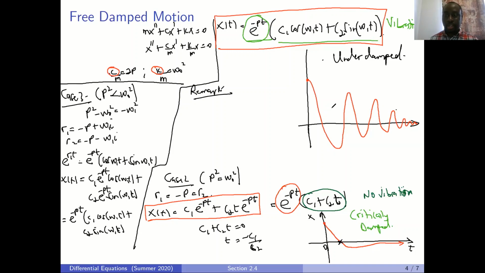Okay, so unlike the undamped situation where we had it oscillating as a cosine function which was periodic, here because of the damping factor, you don't have periodic motion. So your values are never really repeated.